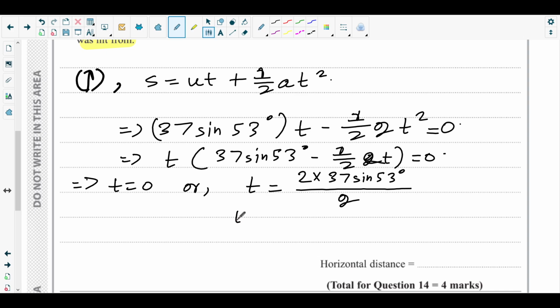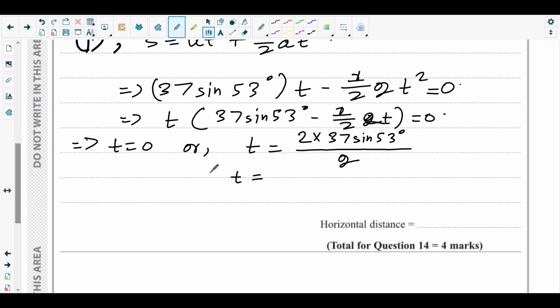So the total time of its journey, let's calculate it using the calculator: 2 times 37 sine 53 over 9.81. That would give you 6.02436, and I'm taking the whole figure to get the exact, accurate answer.